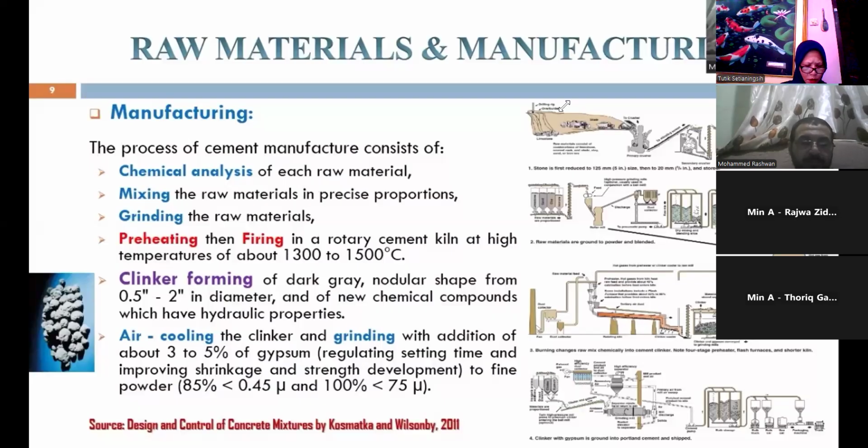The clinker is very hot, and then it is air cooled and ground. After air cooling, 3 to 5% of gypsum is added to the clinker and then ground together.